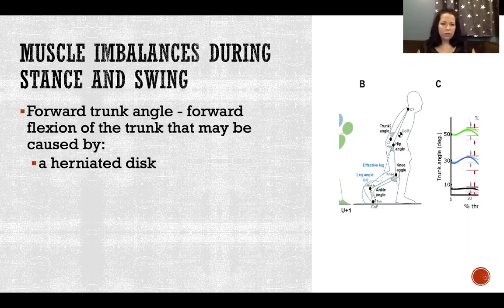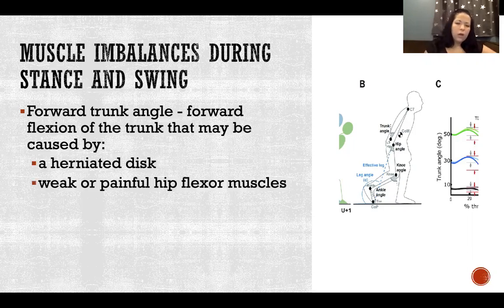But if it can't do that because we have a herniated disc or some kind of spinal injury, we will lean forward to move our center of gravity in front of the spine, because it takes that pressure off the intervertebral joints. Could also be caused by weak or painful hip flexor muscles.